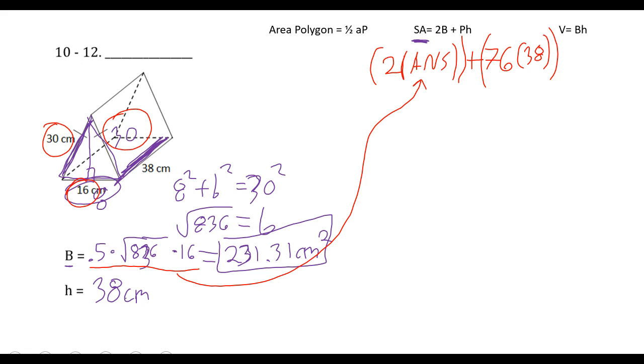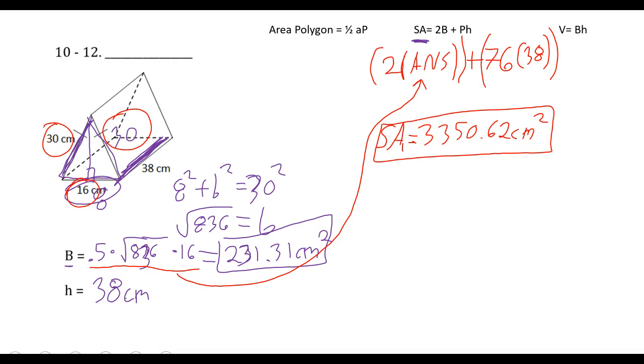Plus 76 times 38. Surface area equals 3,350.62 centimeters squared, because it's the area.